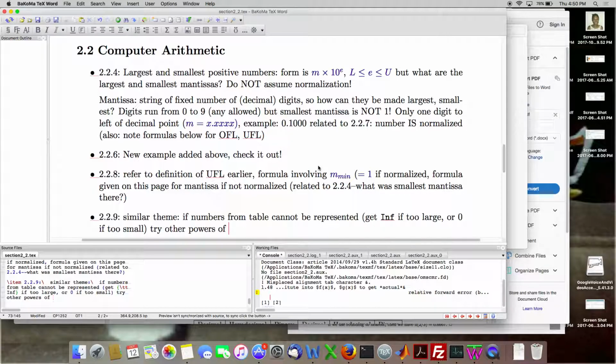Try over powers of your base, which is 2 in this case, like if you try 1 power less or 1 power greater, or something like that, to get an idea. This is deliberately meant to get you to experiment with floating point numbers.